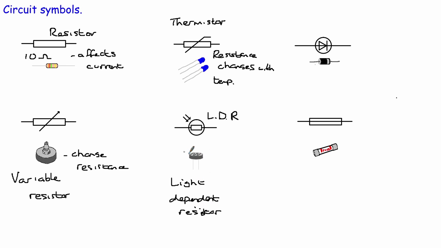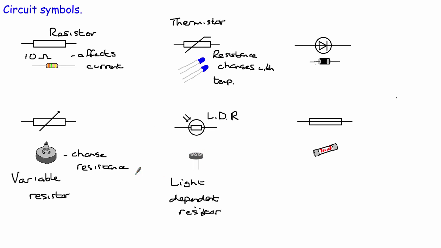What this basically says is that the amount of light that falls onto this again affects its resistance. So again, if we have a low level of light, if it's kind of dim, then the resistance will be big, and the brighter the light that shines on here, then the resistance goes down. So these are used in things like street lamps or those security lights that come on outside your house.